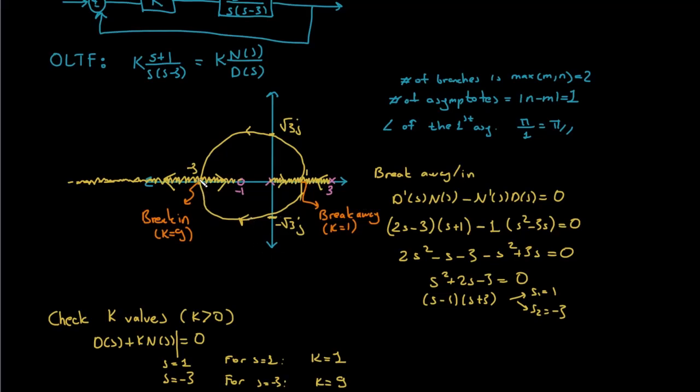We know, for example, break-in points, we know the intersection with the imaginary axis, we know the beginning and end points, but we don't know what's happening in between these lines. So we just combine them. They're going to be solid lines over there. For this specific example, this is a perfect circle. If you write down the equations for that, you will see that it follows a circle. But in other root locus examples that we plotted previously, we cannot give the exact trajectory of the root locus. These are approximations.